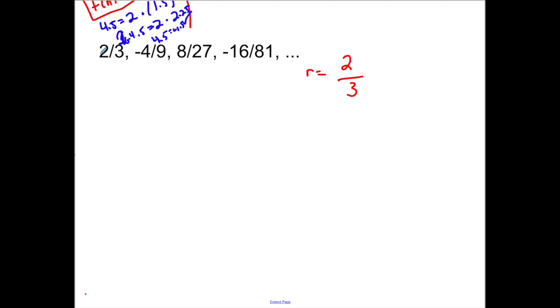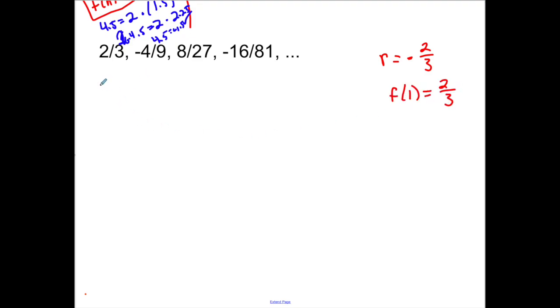Now to make the signs alternate, positive, negative, I just make it a negative 2/3. And it doesn't matter whether you put the negative with the 2 or the 3, as long as one of them is negative. The other thing you could do is put the negative right before it like this. I actually like that a little bit better, but it doesn't really make a difference as long as just one of them is negative.